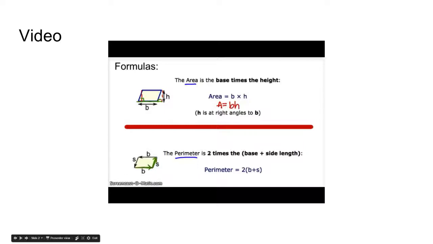You could add up all the sides. So you could potentially have a formula that perimeter equals, let's do a lowercase b, base plus side plus side. That is okay. The more simplified version is perimeter equals 2 times the quantity of b plus s.